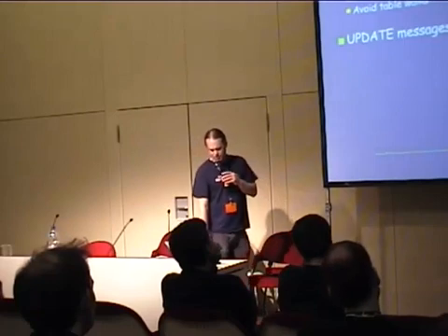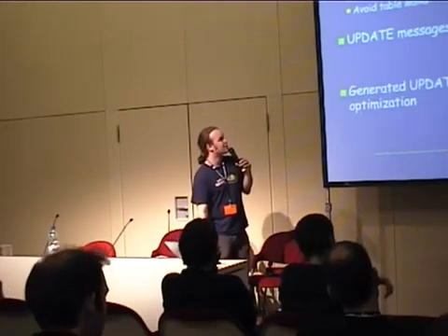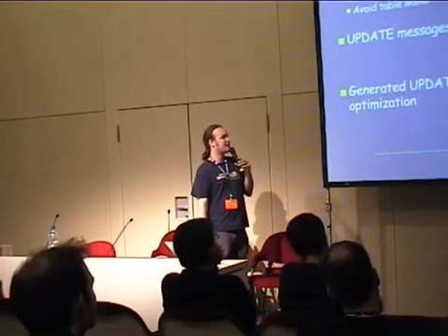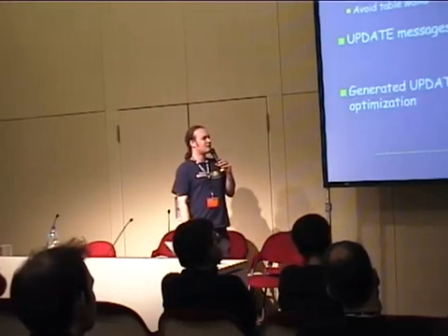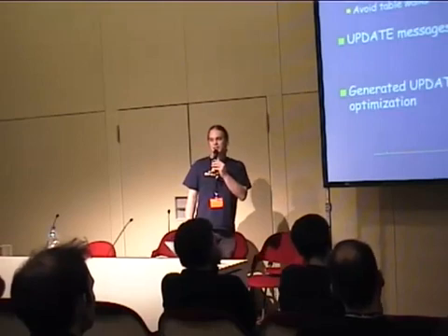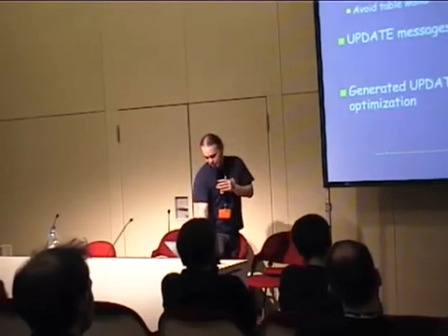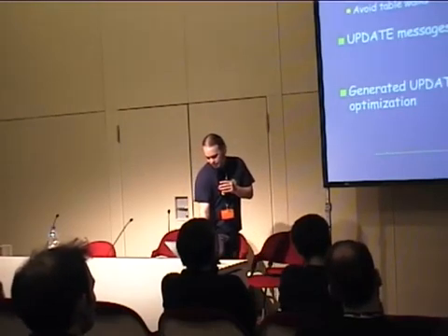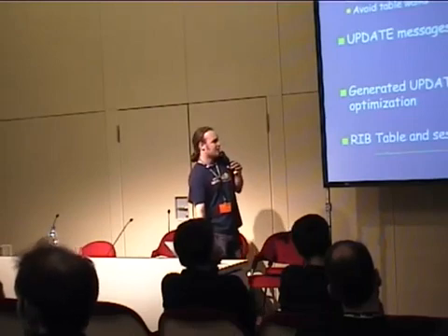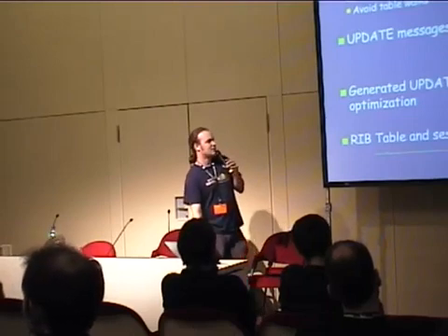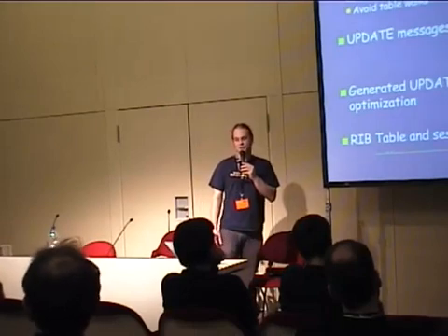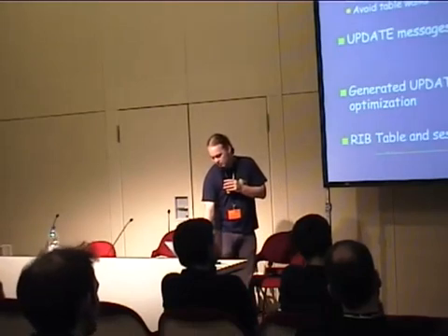The update messages, once received, are processed to completion. There's no queuing or anything like that happening. And generated updates are queued. We try to use piggyback optimization to get as many updates into one message as possible. And the RIB table and sessions can be dumped into MRT files, which is a standard format for later analysis.